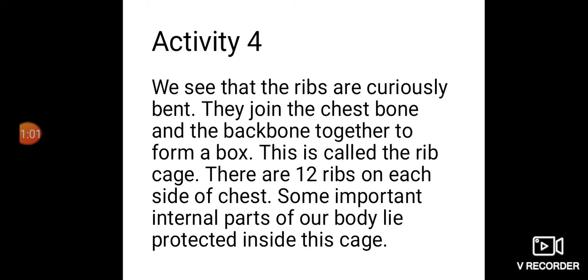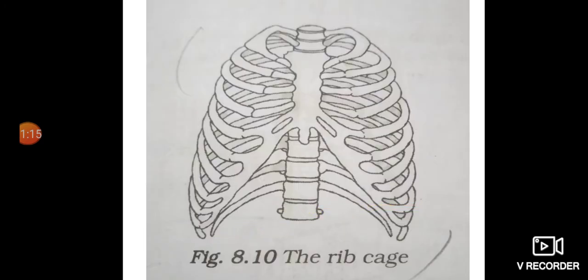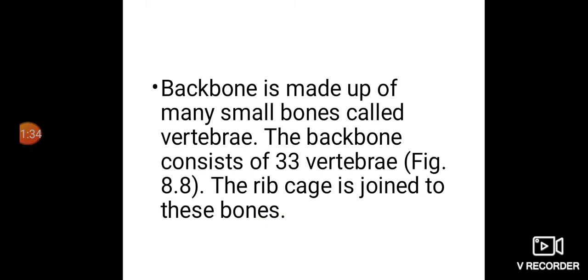Some important internal parts, the heart and the lungs, are protected inside this cage. This is the importance of the rib cage. When you have time, try to draw the rib cage with 12 ribs in your rough notebook.